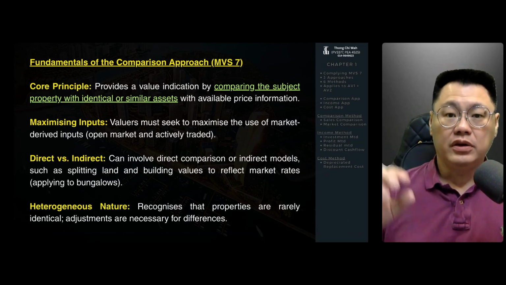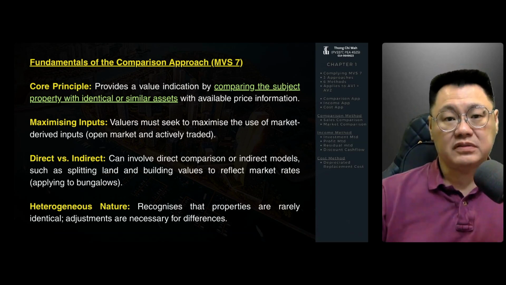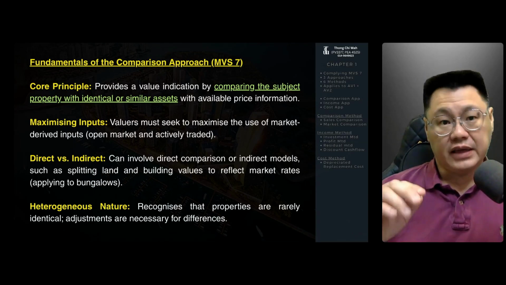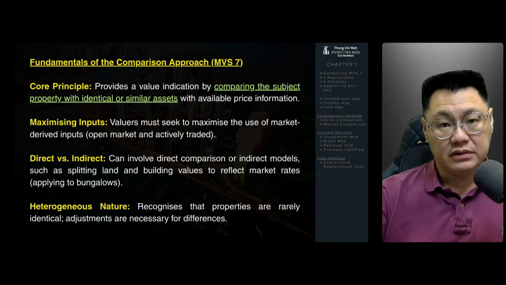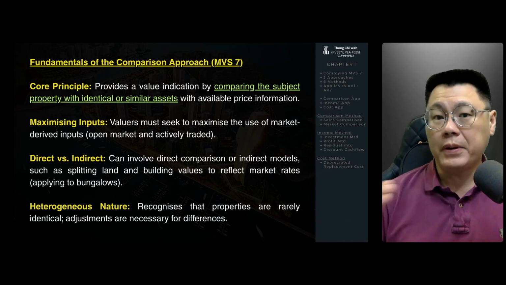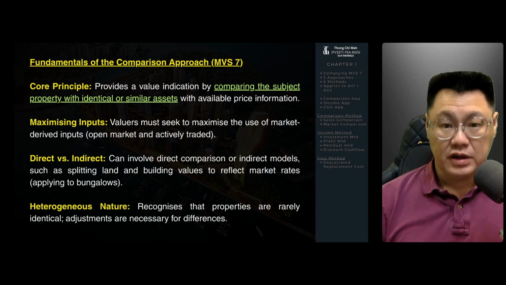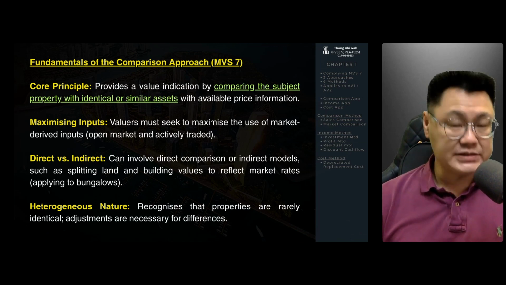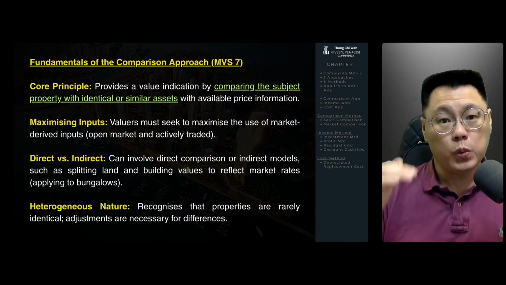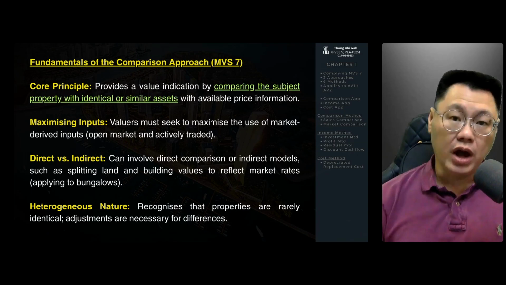In English, you use properties that are comparable to your subject property that are actively being marketed, with no restrictions and no other conditions; it's open for everybody to purchase.